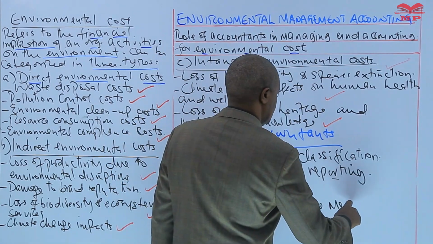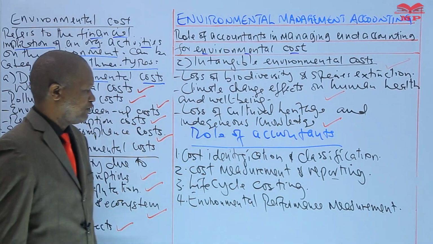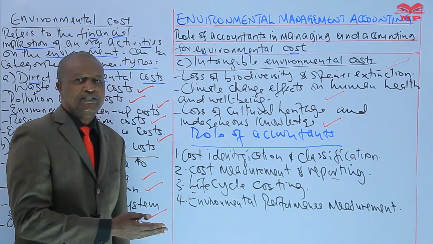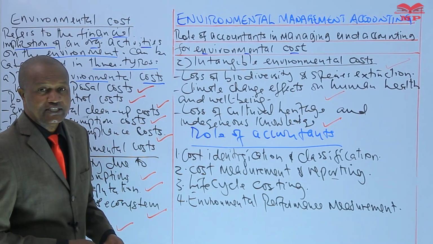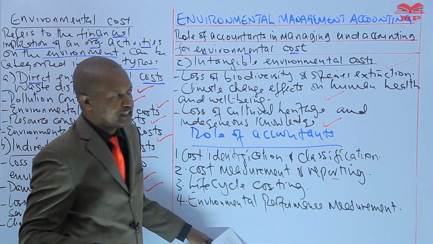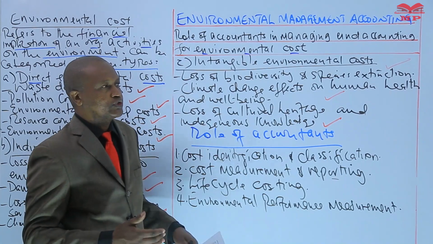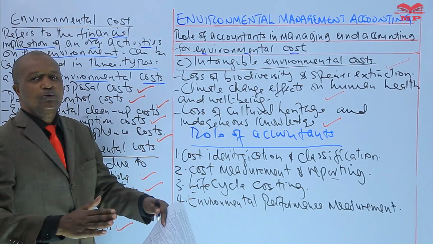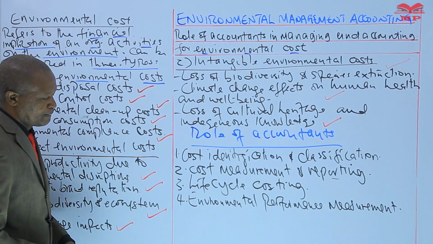Now, here, the accountants design performance metrics and key performance indicators, and the purpose for such indicators is to assess the effectiveness of environmental initiatives and also to monitor the organization's environmental performance. And that allows for continuous improvement in sustainability efforts.